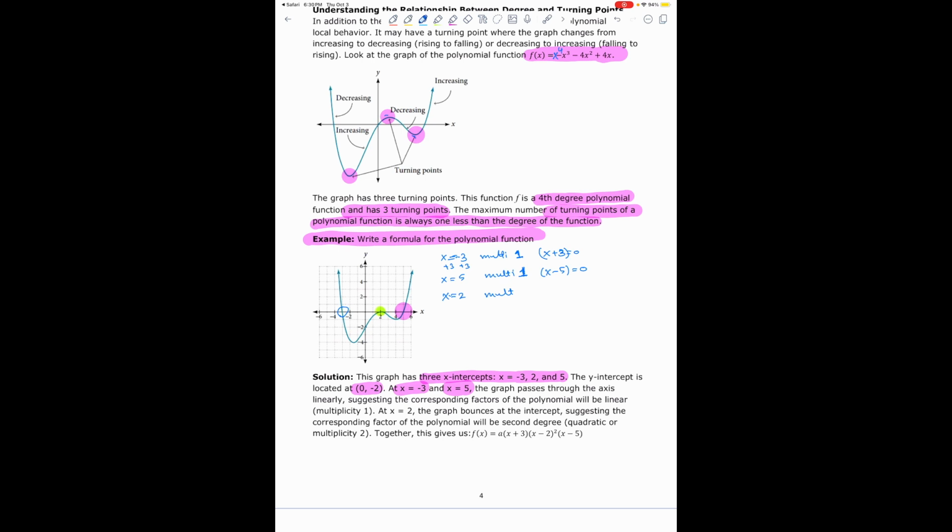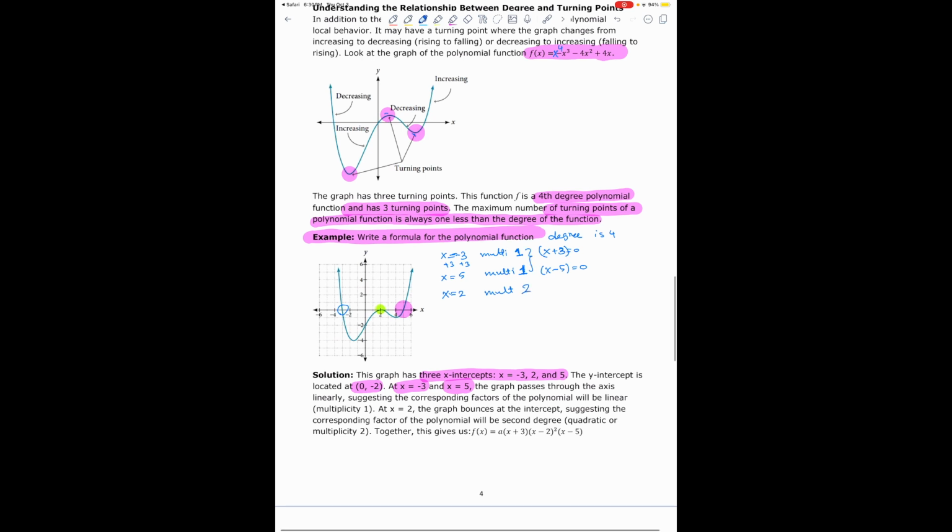So the degree here is actually 4. So I have 2 here, and then the multiplicity is going to be 2. It's not 4, so it's going to be 2. To write the factor, it's going to be x minus 2, and I will raise the factor to the second power because of its multiplicity.